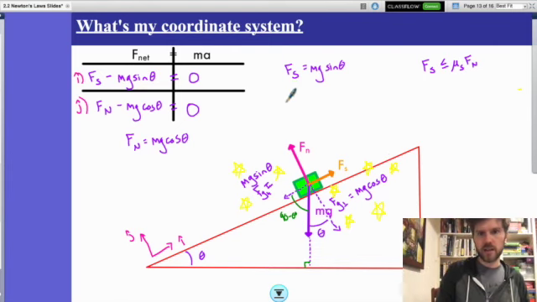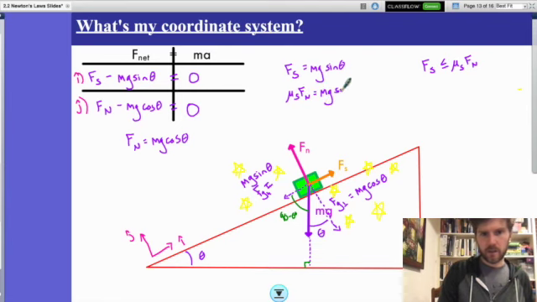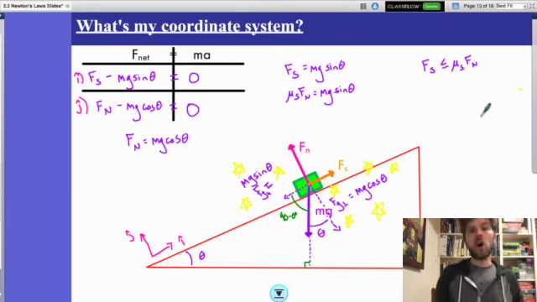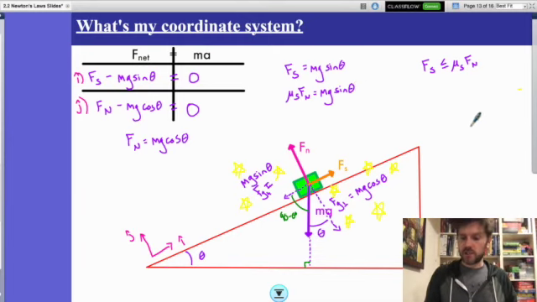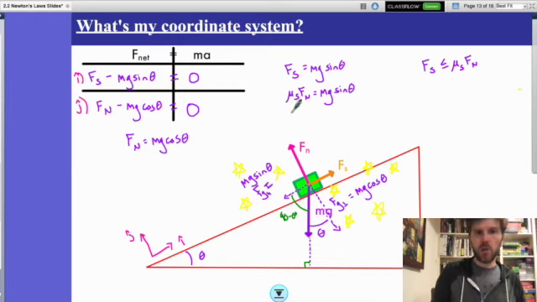So I'm going to just take mu s Fn equals mg sine theta. We will often take these edge cases, maximums or minimums, and set them equal to each other to find the limit, the boundary. Well, we know what Fn is. It's mg cosine theta.